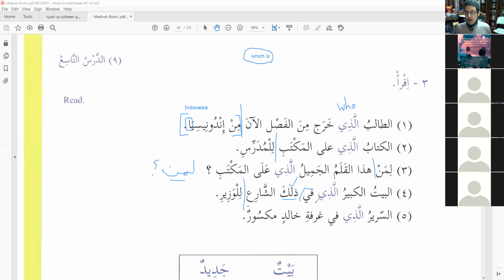Fi, don't get hung up on fi. Again, as we said, two languages, nothing is perfectly analogous. You've been used to thinking of fi as in. Guess what? Fi has more meanings than in. Or sometimes, even if fi does mean in, there might be situations in Arabic where we use the preposition in that we don't use in English. In English, we would never say in the street to talk about where something's location is.